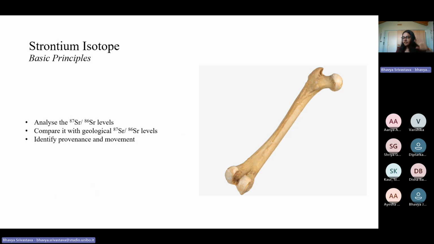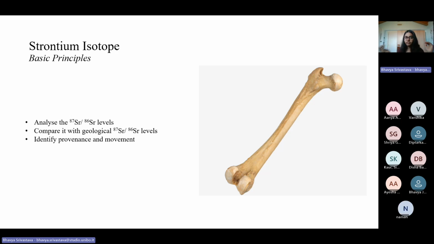Now, you have the isoscape map, so I know the 87-86 ratio of different regions. My archaeological sample here is a bone. I find it, and then I analyze the 87-86 ratio in that bone and compare it with the geological strontium found in the rocks. Then I can match the two and see if the bone has almost the same 87-86 ratio as the lithology.